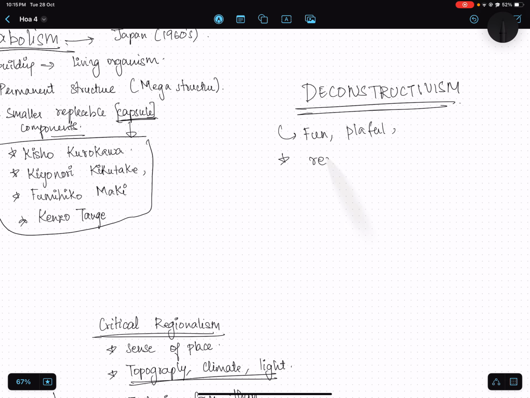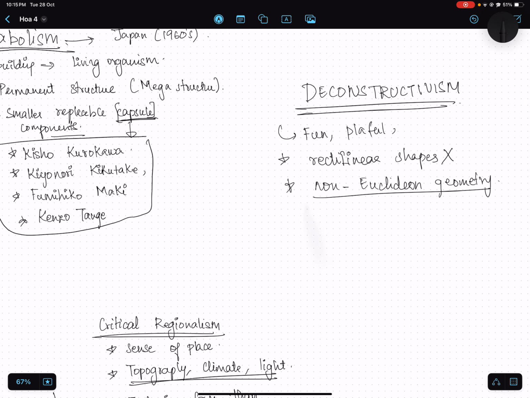So rectilinear shapes were avoided, and a lot of non-Euclidean geometry was embraced.